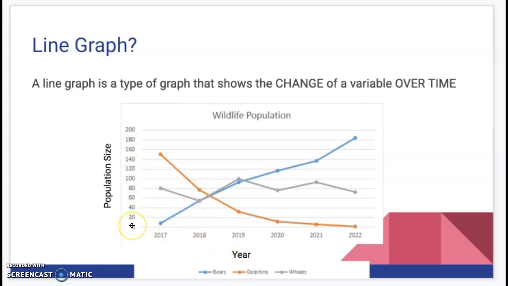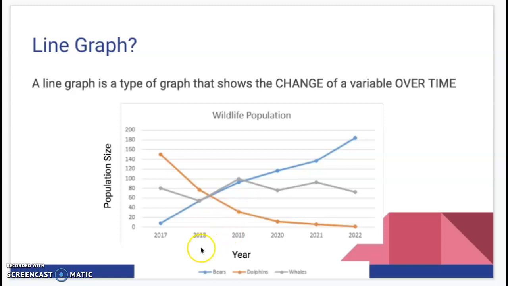Some other important parts to point out: obviously we have our data. So we have each of our data points that are connected with line segments. Then we have on both axes a scale. And a scale is a set of numbers that we use to help measure or quantify the objects that we are measuring.